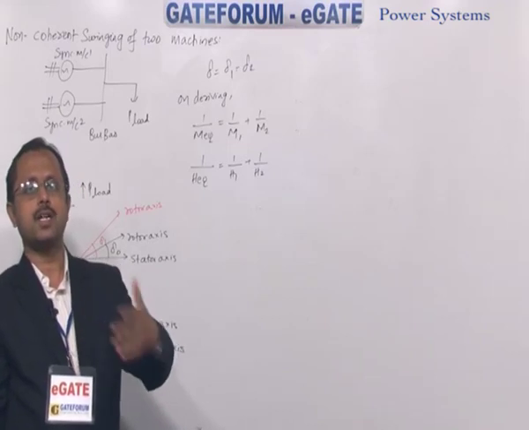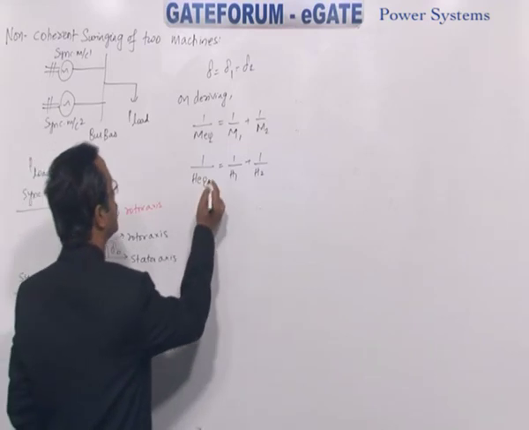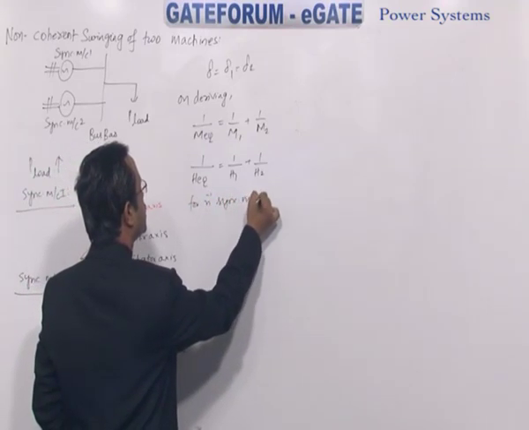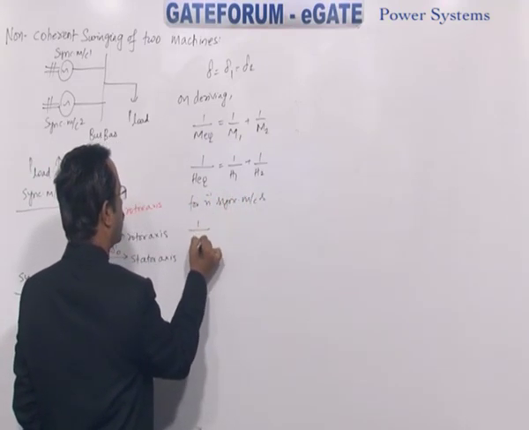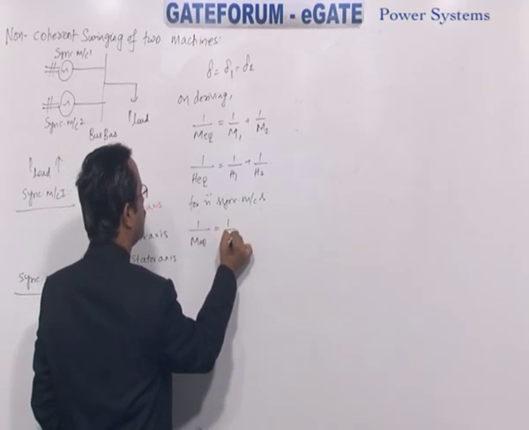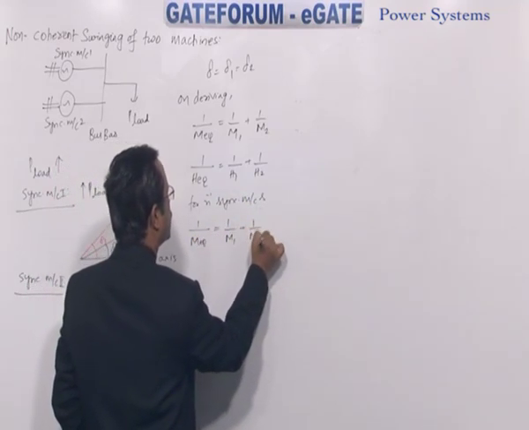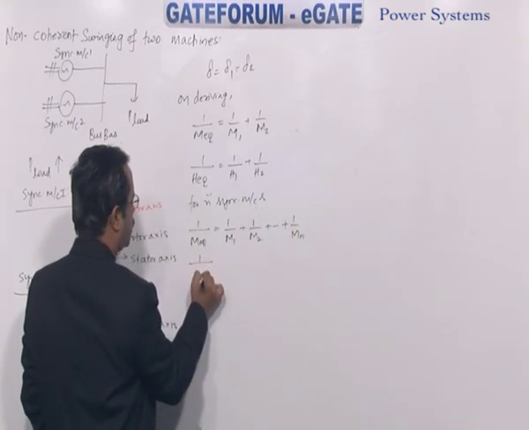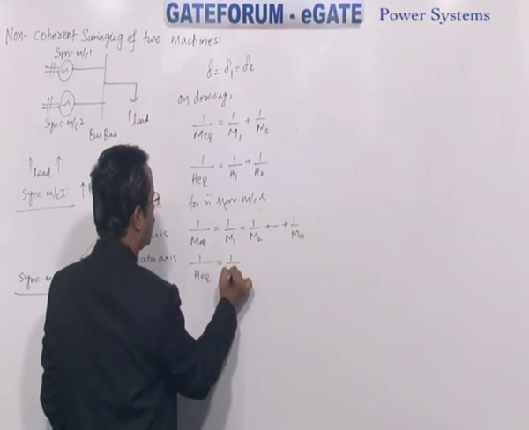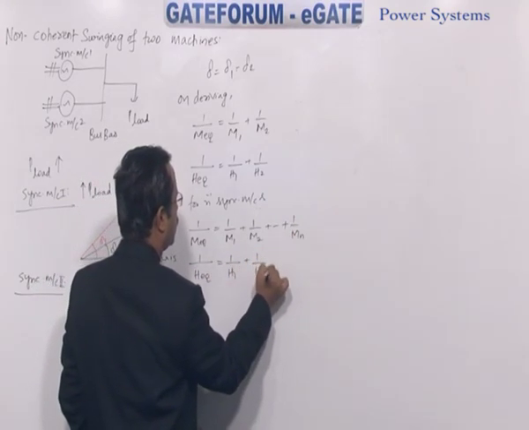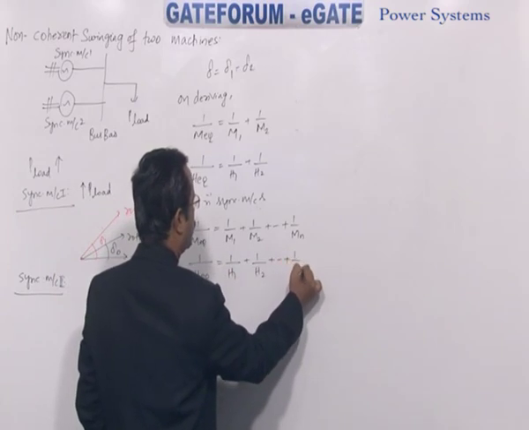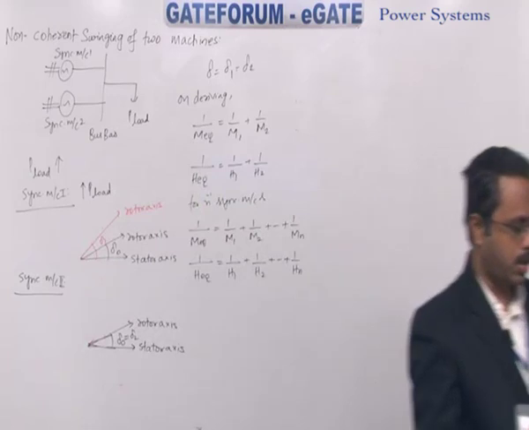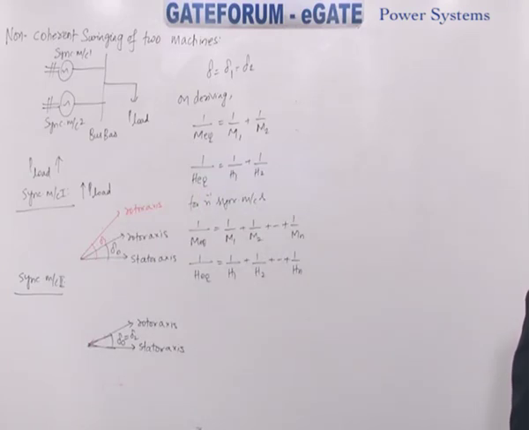Suppose you consider n synchronous machines. So what do we have now? For n synchronous machines, 1 by M equivalent is 1 by M1 plus 1 by M2 up to 1 by Mn. Then what about 1 by H equivalent? 1 by H1 plus 1 by H2 up to 1 by Hn. This is for non-coherent swinging of synchronous machines.